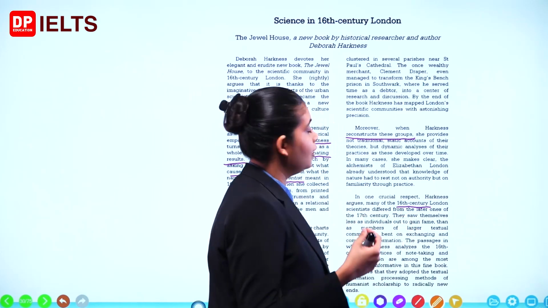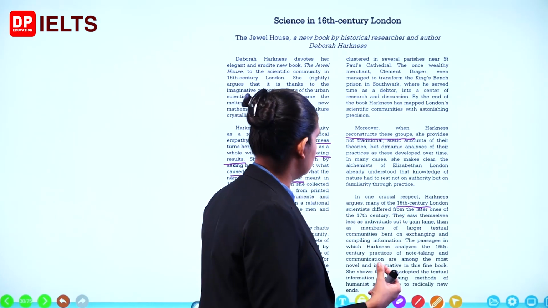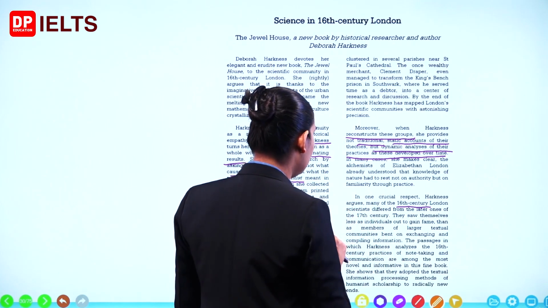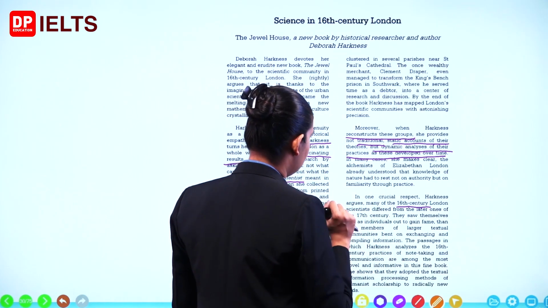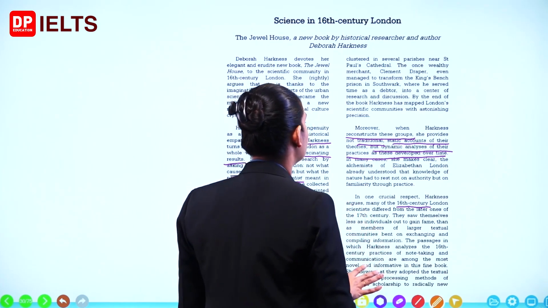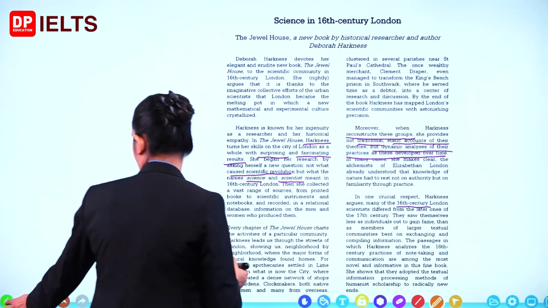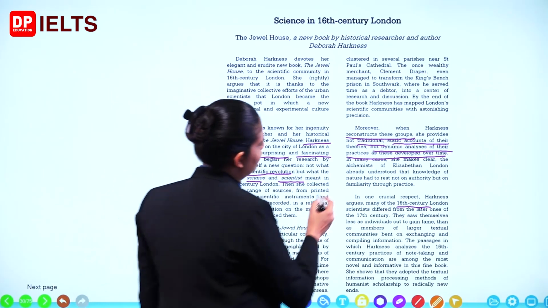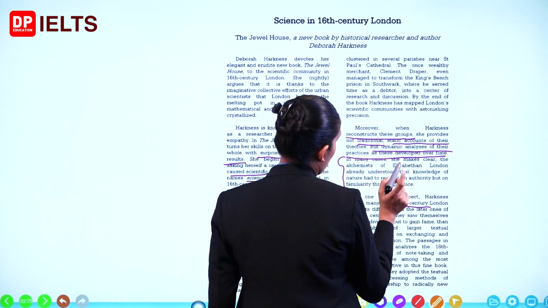Moreover, when Harkness reconstructs these groups, she provides not traditional static accounts but dynamic analysis of their practices as these developed over time. She makes it clear that Elizabethan London already understood that knowledge of nature had to rest not on authority but on familiarity. Okay, so that bit is in the second line, which our keywords are not there.